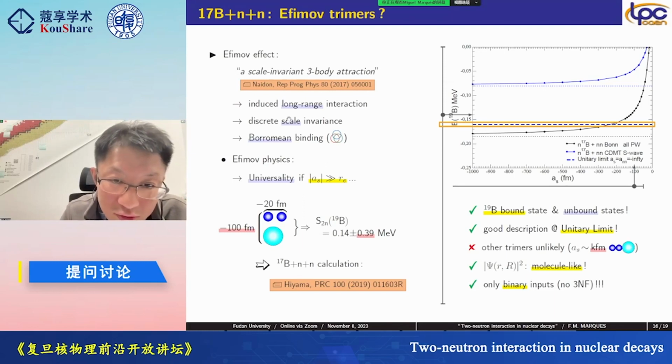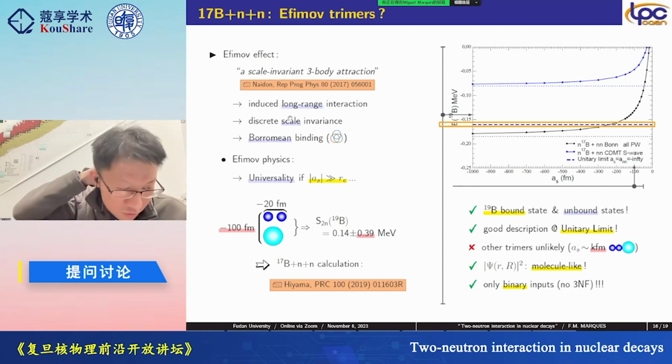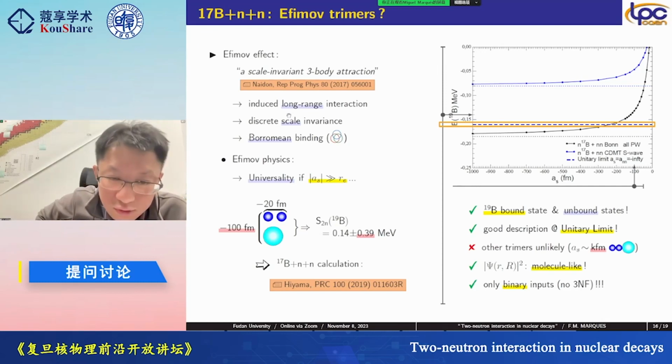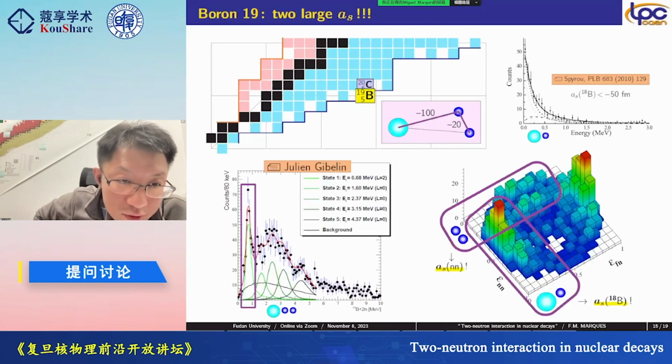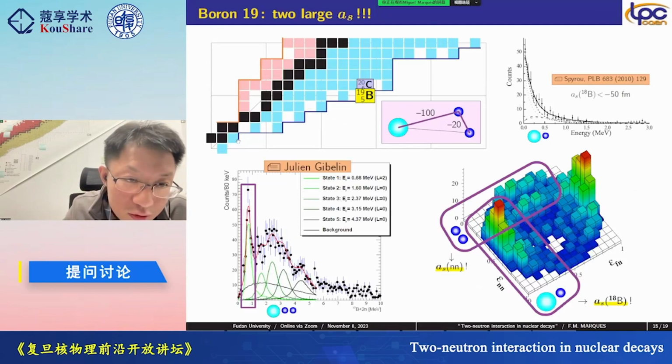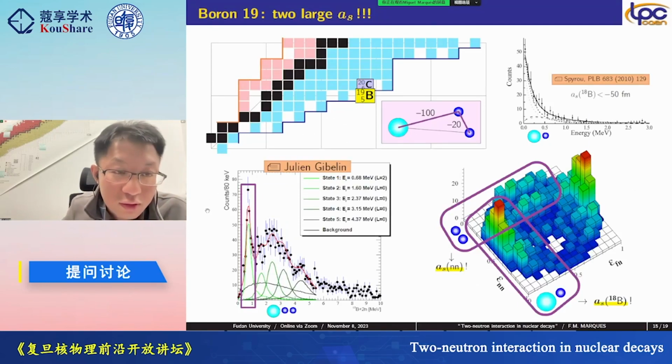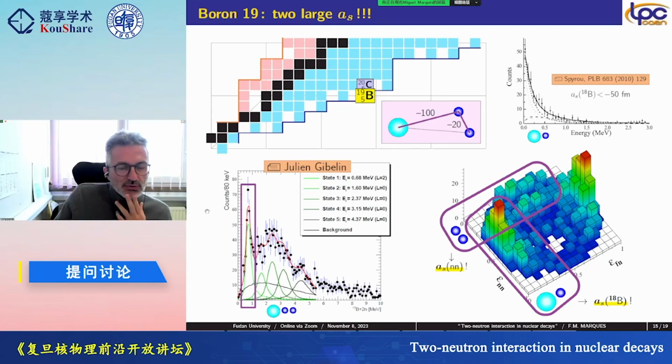Do you get those states for boron-19 to the bound states? And the other thing I saw in your experiment, you also measured those states above the threshold, and I saw a lot of zero plus states. Is this also a sign of the Efimov state? Yeah, in this figure, right?